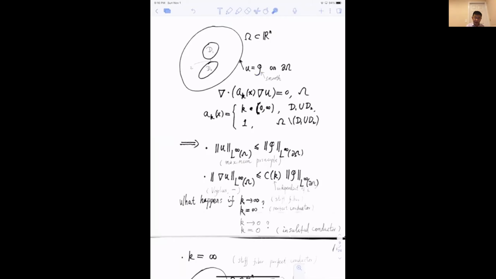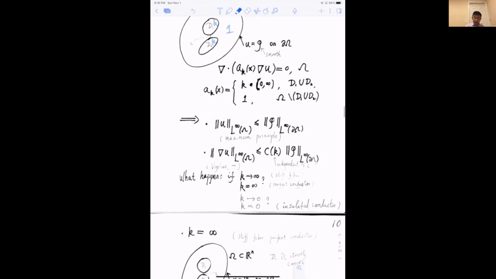Then look at the equation. We have the maximum principle, which tells you L infinity is under control. Our A_K is K inside, K here, and 1.